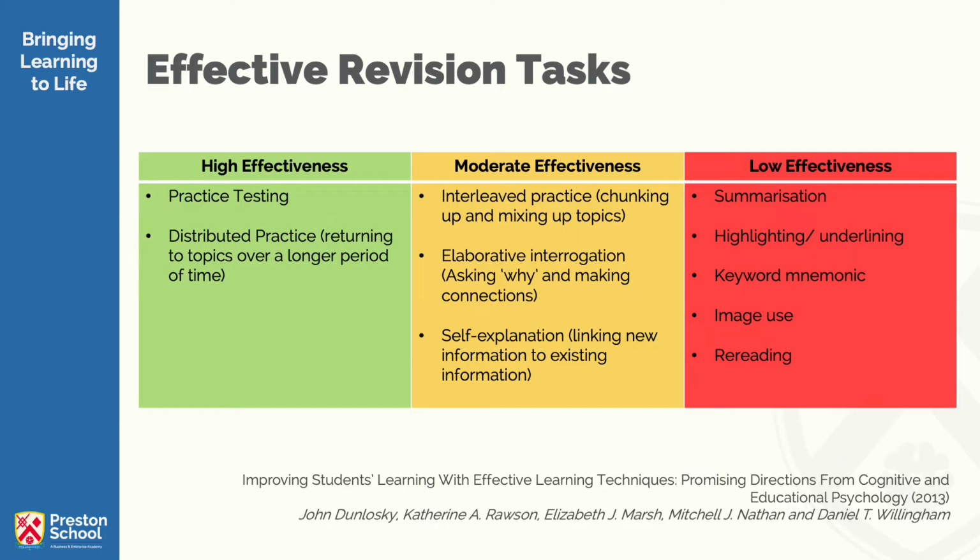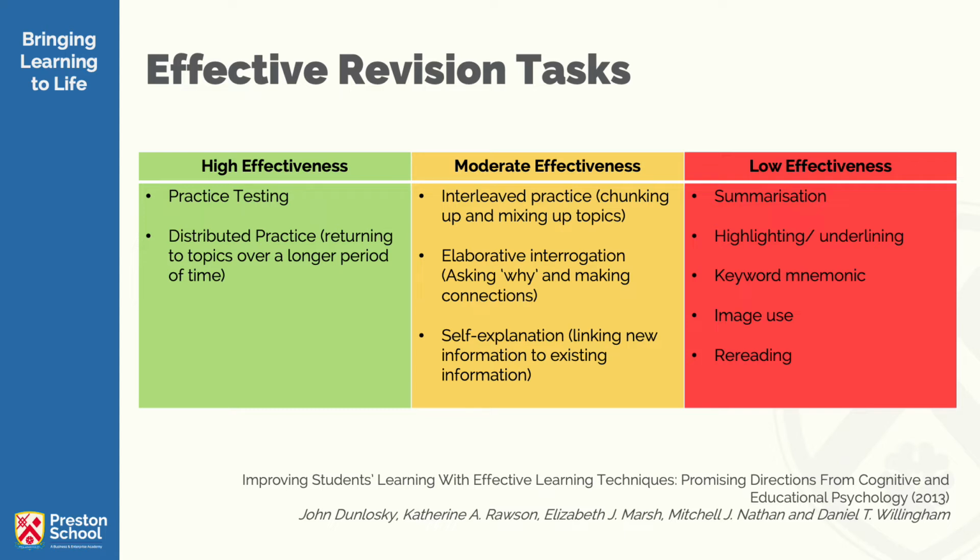The next stage is then making sure that students are revising in the most effective way possible. Not all revision tasks are created equal. The day of sitting in a room with a book, reading it and saying, right, that's my revision, done. That isn't impactful, it isn't effective in terms of every hour spent revising. There's lots of research into what sorts of activities help commit information to the long-term memory.